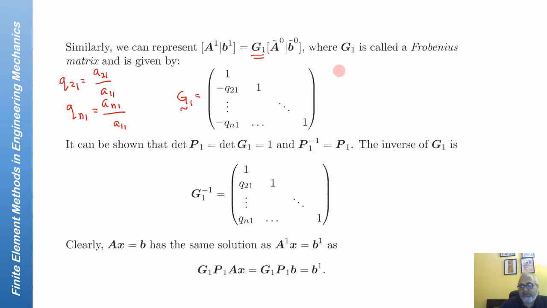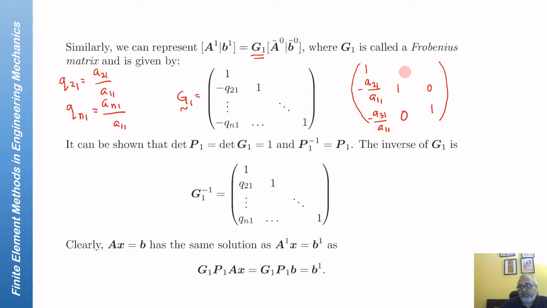Again, it's easy to see that this will lead to the elimination step. So let us write this down. So this is, let's say again, for a 3 cross 3 system, this is going to be 1 1 1, and this is going to be minus of a21 by a11. This is going to be minus of a31 by a11.